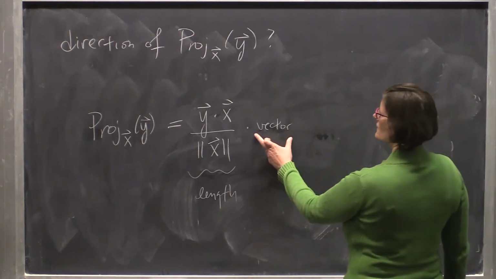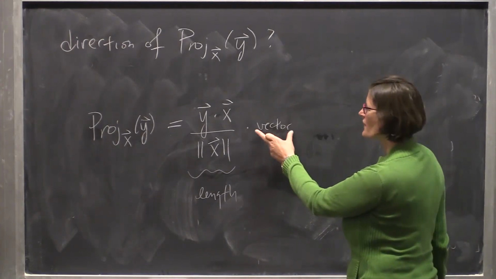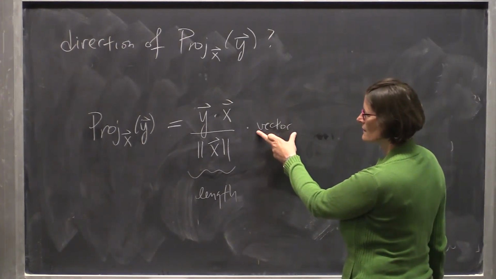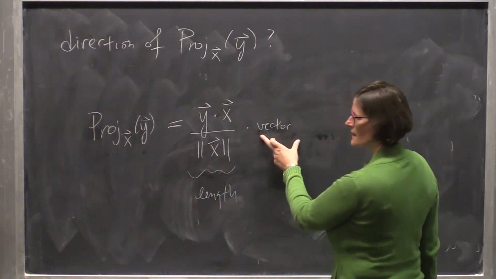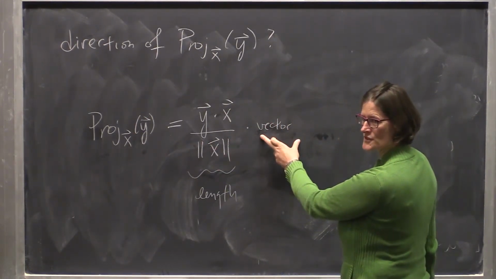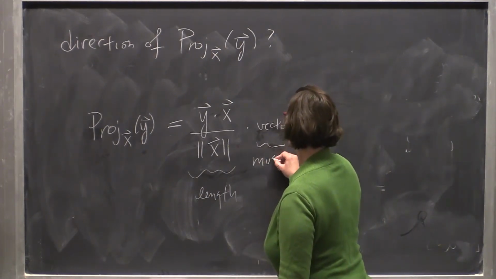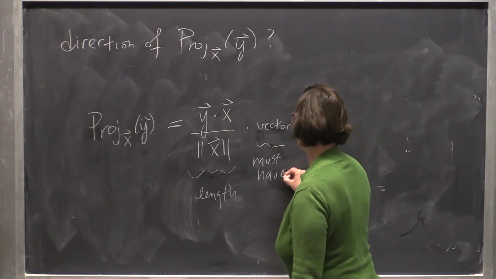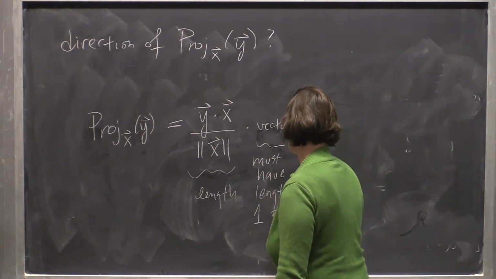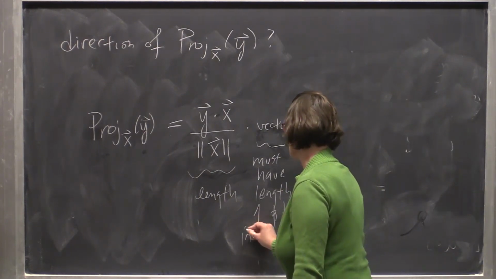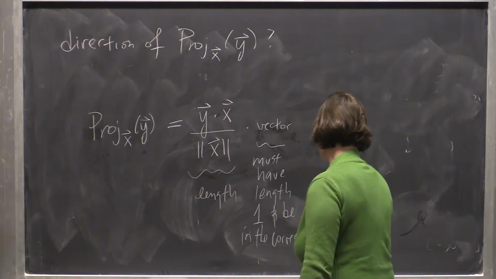This vector, what should its length be? 1. If this vector is of length 2, then the length of this thing would be this number times 2, which isn't what it should be. So this thing must have length 1 and be in the correct direction.